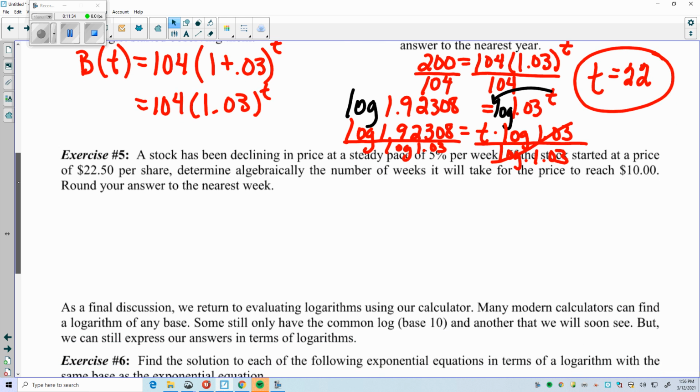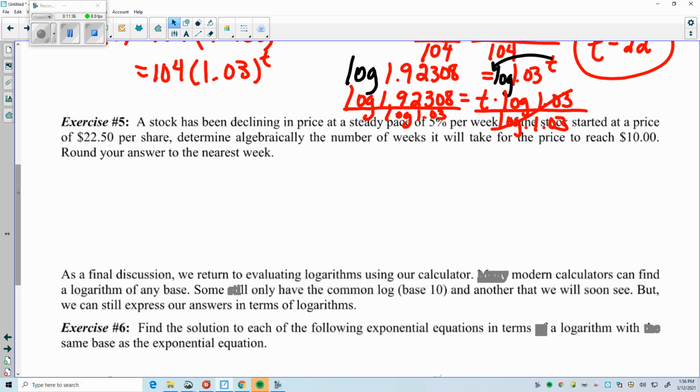So we have a stock that has been declining in price at a steady pace of about 5% per week. It says if the stock started at a price of $22.50 per share, determine algebraically the number of weeks it will take for the price to reach $10. Okay, so again, my initial starting amount is $22.50.